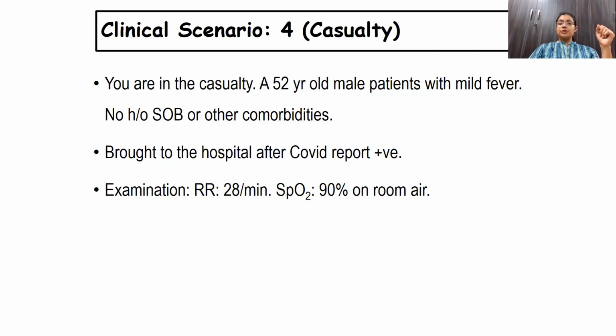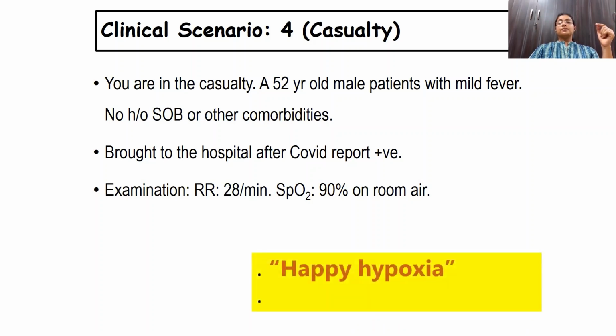But on examination, you find that the respiratory rate is 28 per minute and the saturation is 90% on room air. So in the hospital, he suddenly fits into a category of severe COVID disease. But why was the patient clinically stable when he had come? This patient is a typical case of happy hypoxia.